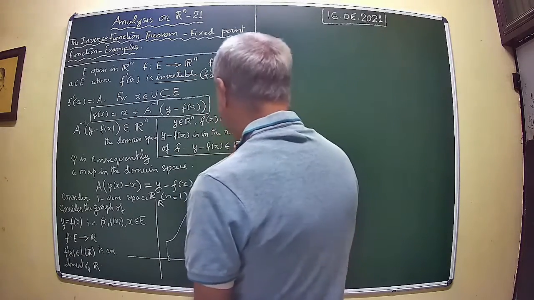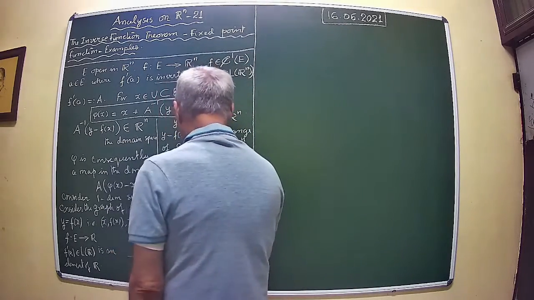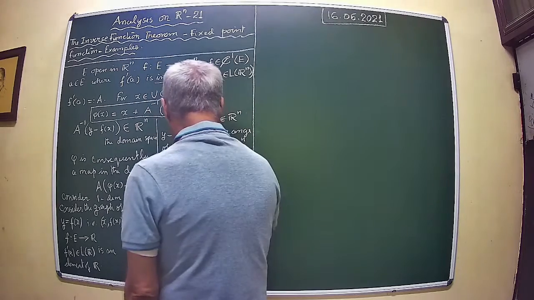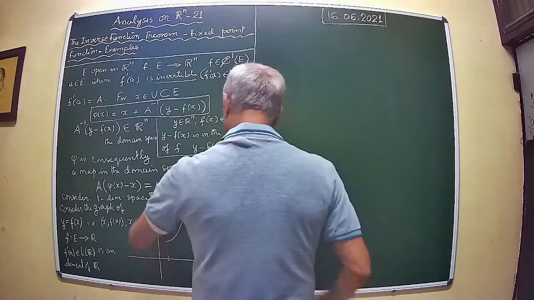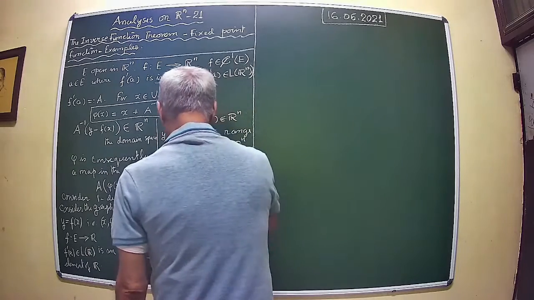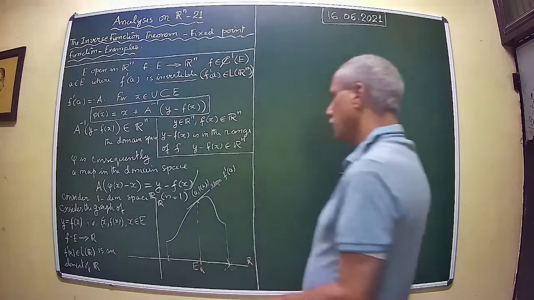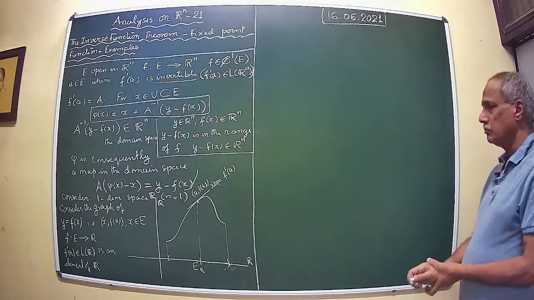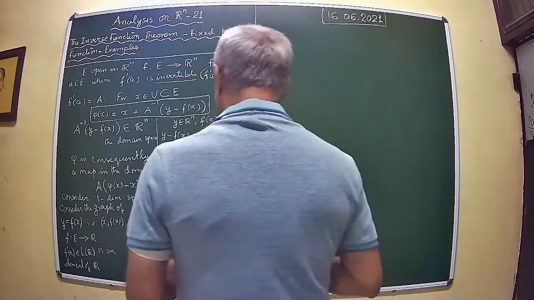The tangent line at a, f a has slope f dash a.